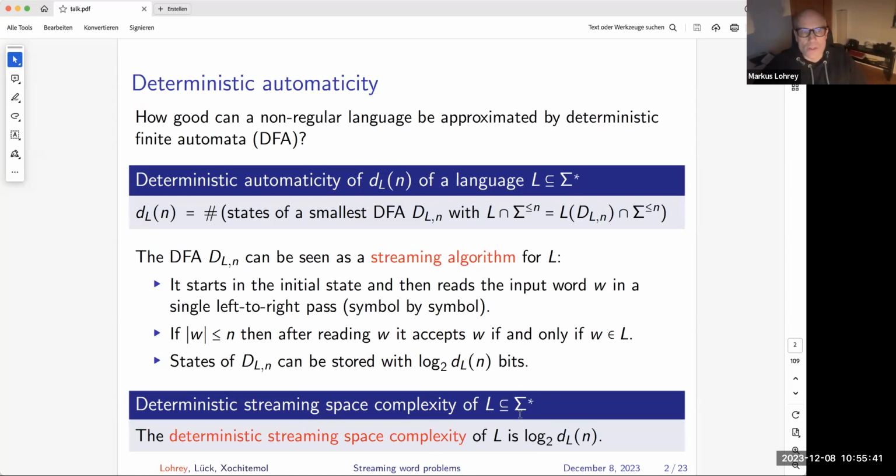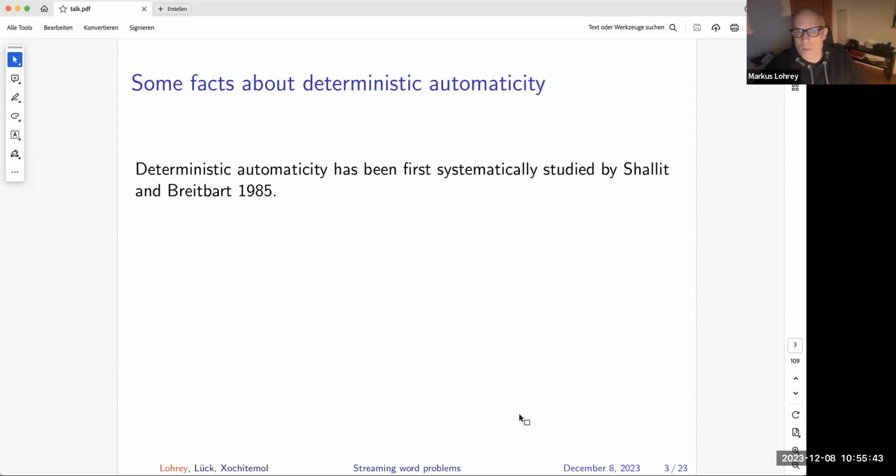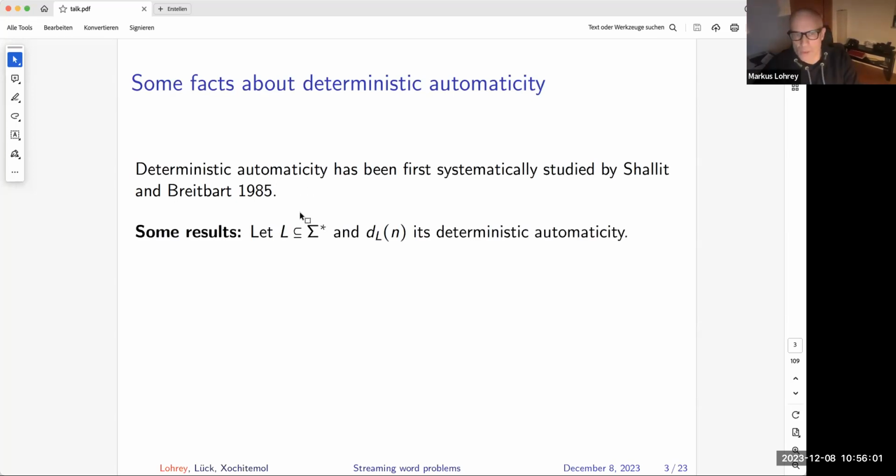Some facts about deterministic automaticity. It was introduced actually before the paper from '85, but Shallit and Breitbart were the first to study this notion of deterministic automaticity in a systematic way. Here are some results. Take a language L and consider its deterministic automaticity.